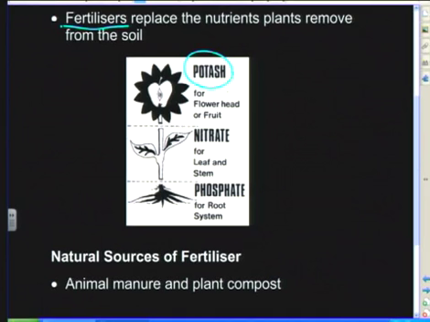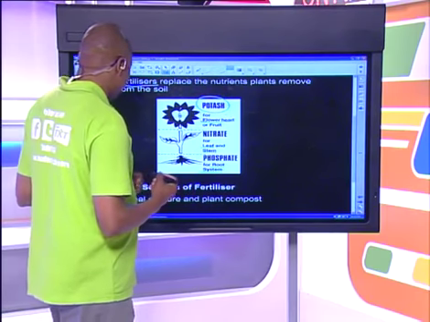Potassium is found in the form of potash, and it's used mainly for flowering by plants. And we've got nitrates here used for leaf and stem growth. If you want to have healthy leaves and healthy stems of plants, you need the nitrates. And the phosphate, especially for root systems. Strength of the root system depends on the presence of this phosphate.